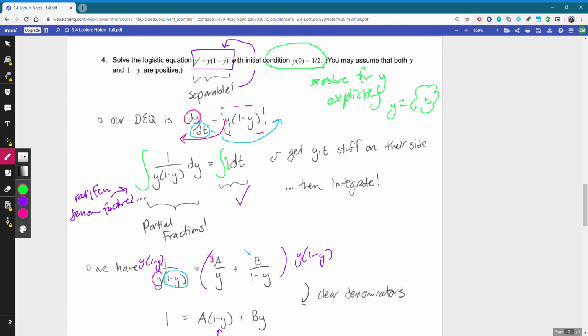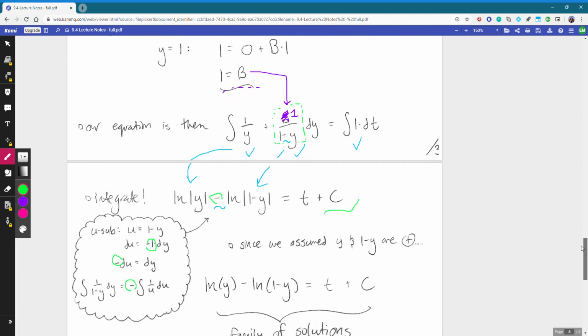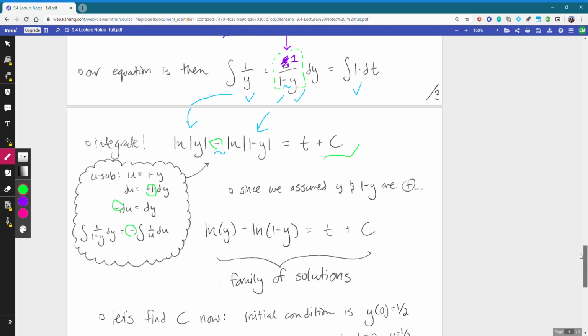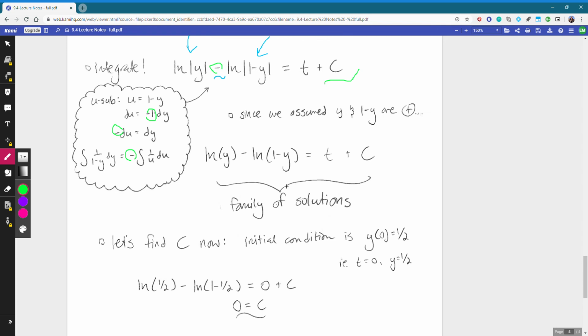We technically could do these in either order, but for us where we are, it turns out it's a little bit cleaner to find the solution to our initial condition first, to figure out which c works. And so let's do that. We use our initial condition, and from it we see that our solution function needs to, at t equals 0, have the y value of 1/2.